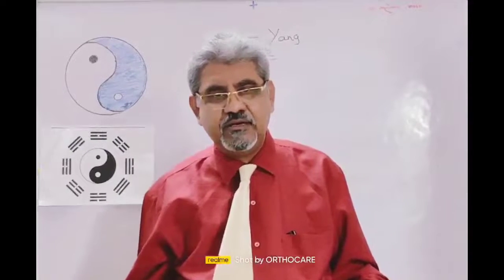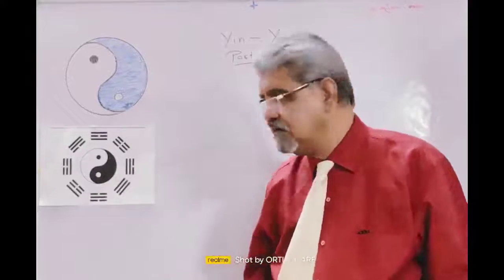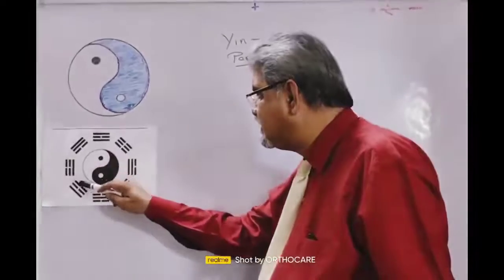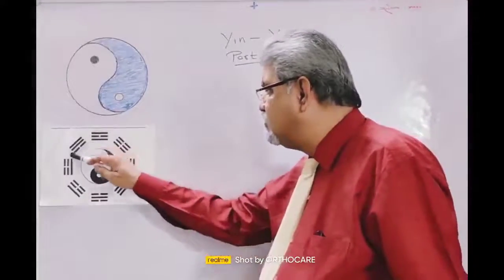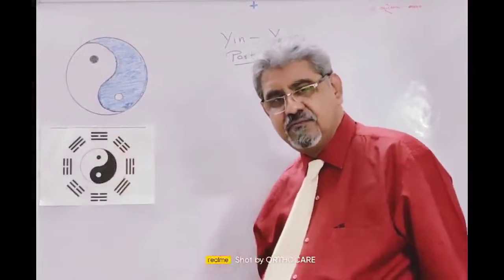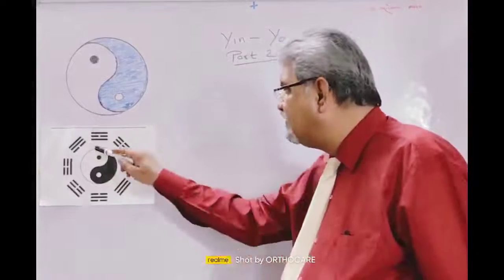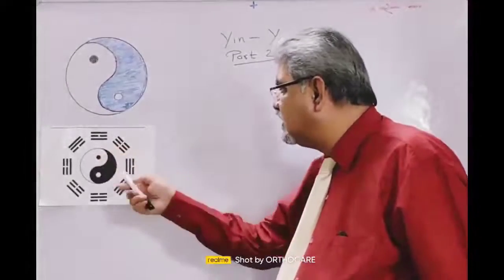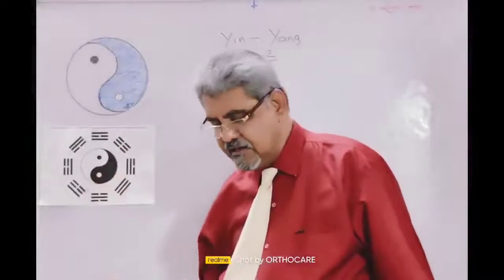Today we know it as the symbol of yin and yang. These broken and unbroken lines were first in hexagram form, but finally at present we have this symbol as yin and yang.